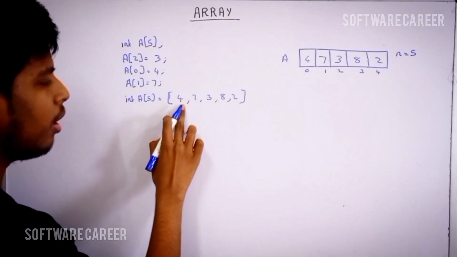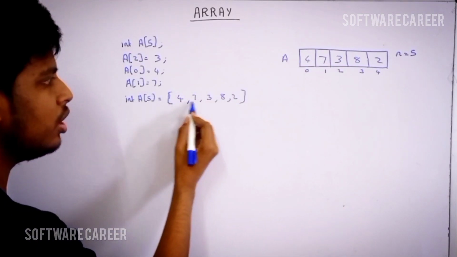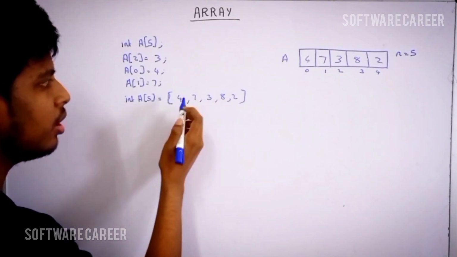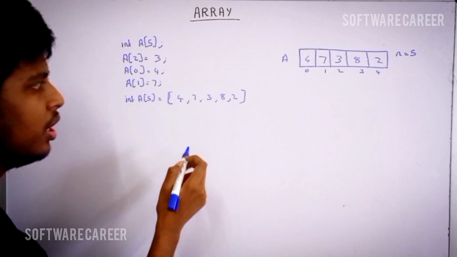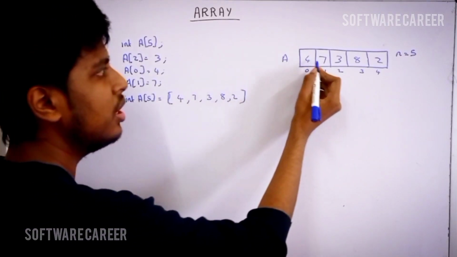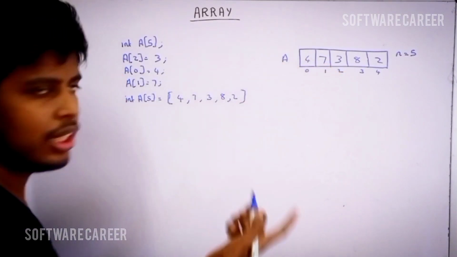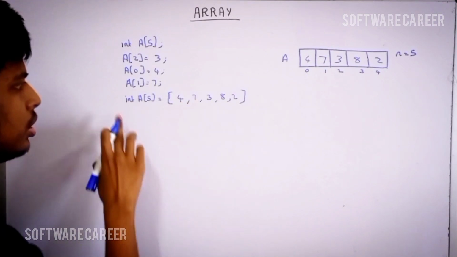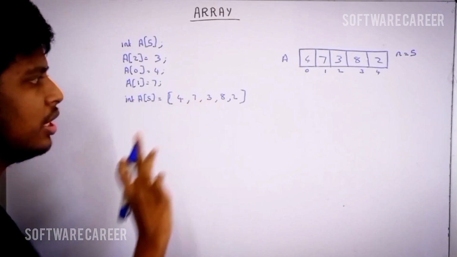In the order in which we insert the values, in that order only we should write the elements. I can't place 7 first and then 4, because I have written 4 first, then 7. So this is how you declare and initialize an array.